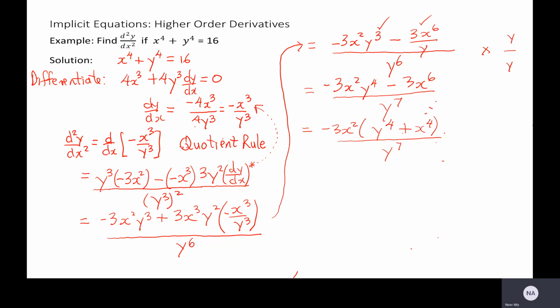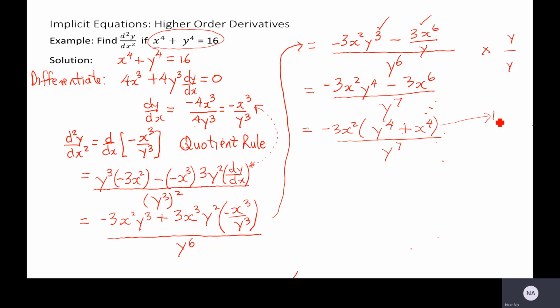But do you notice something? Look at this numerator. Y to the 4th plus x to the 4th. Look at the original problem. Find d2y dx squared if x to the 4th plus y to the 4th is 16.